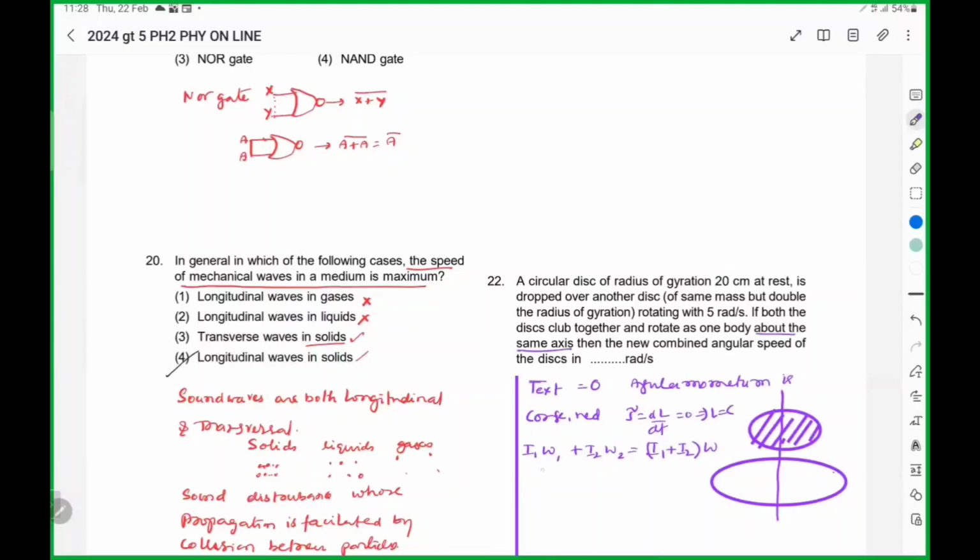Here I1, which is the first one, having radius of gyration as 20 centimeter, at rest. So here I is nothing but mk square. K2, let us say, K2 here is double the radius of gyration, that is 2k1, which is 40.